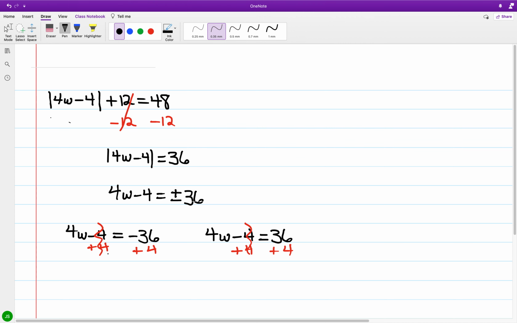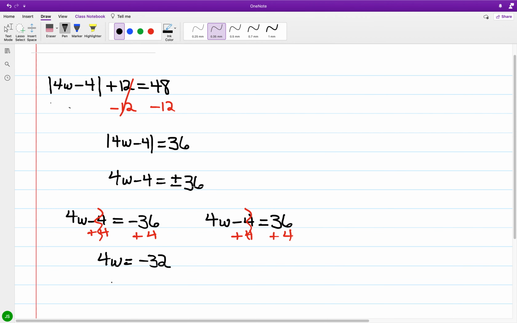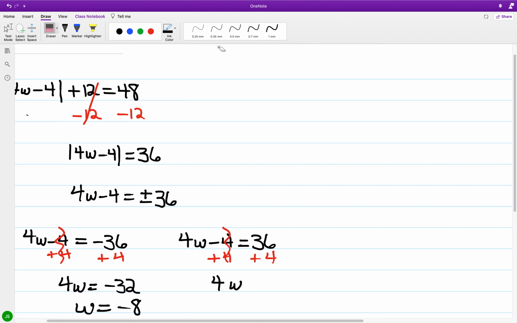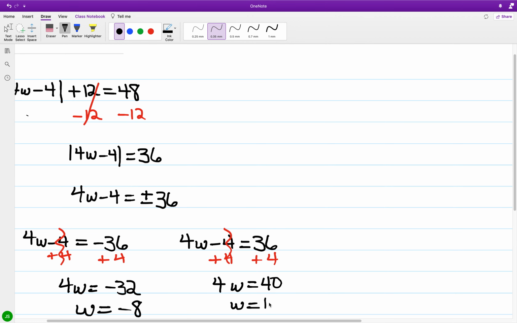We have 4w in the first equation equal to negative 36 plus 4, which is negative 32. Dividing by 4, negative 32 divided by 4, w is equal to negative 8. For the second equation, adding 4 to 36, 4w is equal to 40, and with division by 4, w is equal to 10.